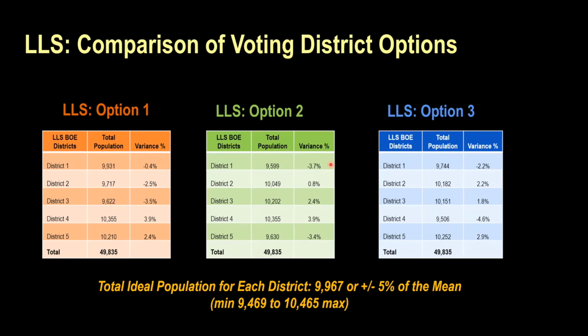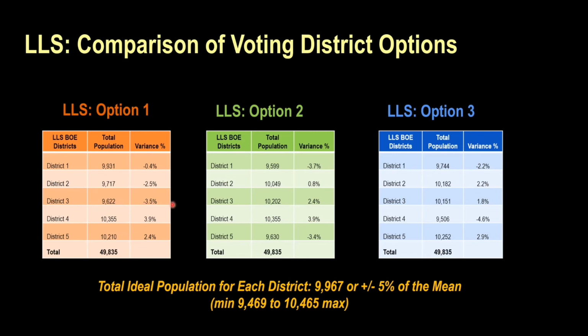In option 2, we're below at 3.7%, and in option 3, we're below at 2.2%. In District 2 for option 1, again, we're below that ideal population by 2.5%. In option 2, we're above it by 0.8%. And in option 3, we are above it by 2.2%.